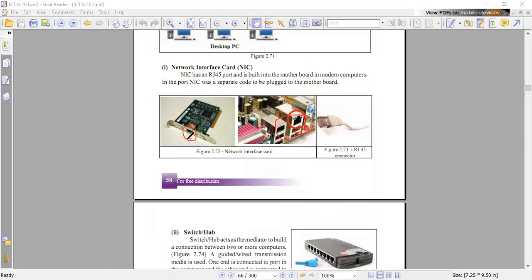Under that, write down, this is used to connect your network cable to the computer by using RJ45 port.